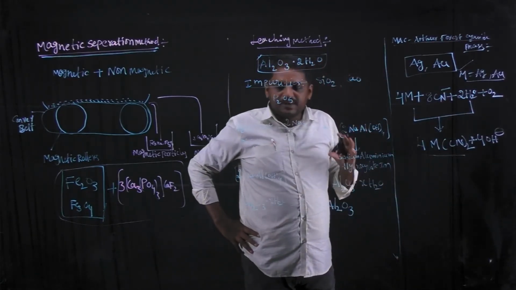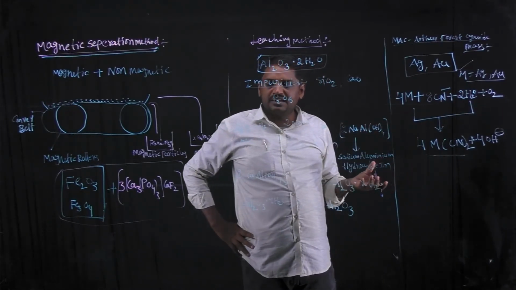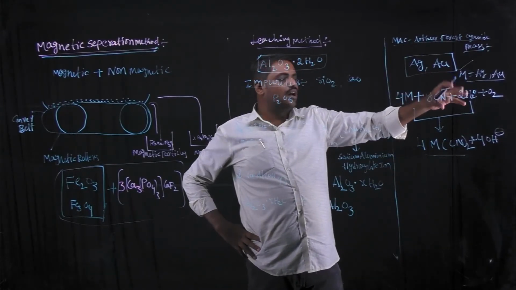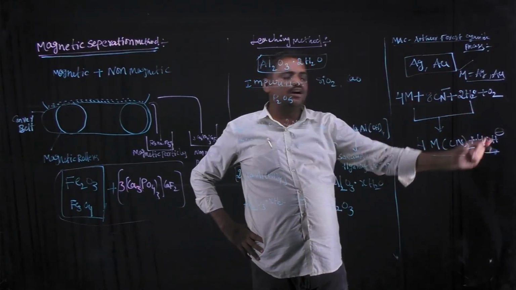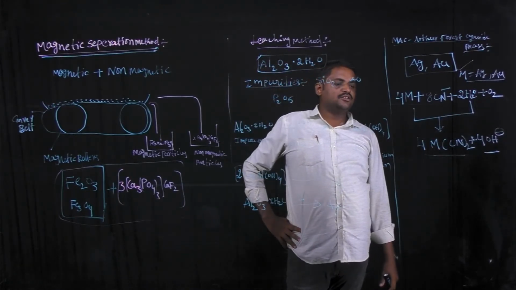So the impure metal is converted to metal cyanides, and the remaining atoms are converted to hydroxyl ions.